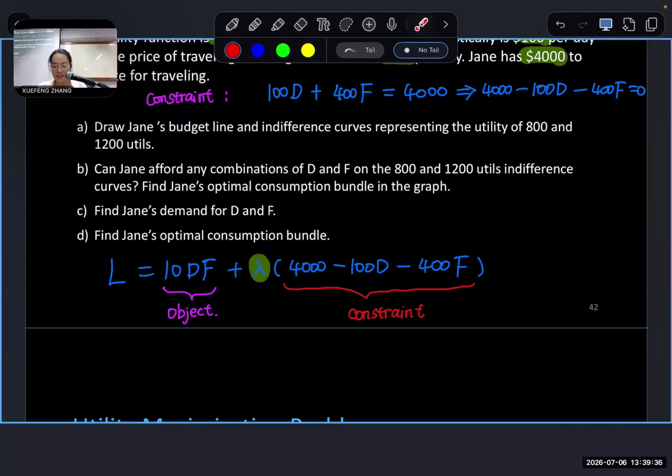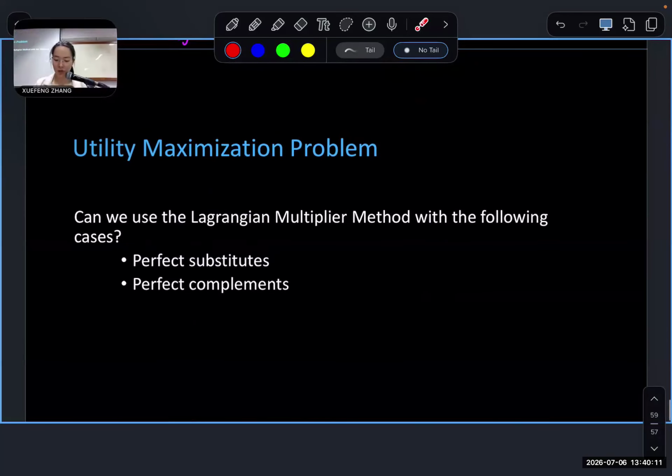For this question, the utility function is easy, right? 10 times DF. We don't have a power like what I showed you before. So in the exam, if I ask you to use Lagrangian, you must show me the Lagrangian equation here. If you don't know how to solve it, at least you need to tell me. You need to write this correctly, okay? Again, objective function first, plus lambda times constraint, okay? I think you can solve this one.